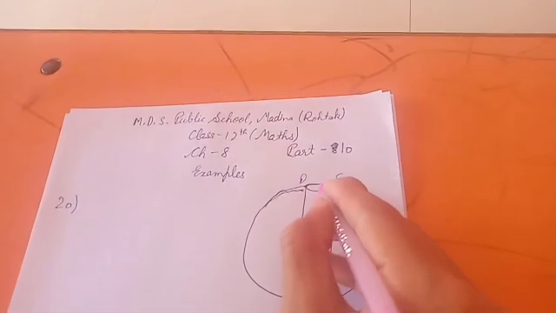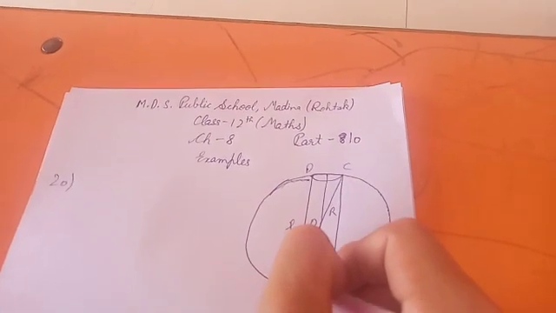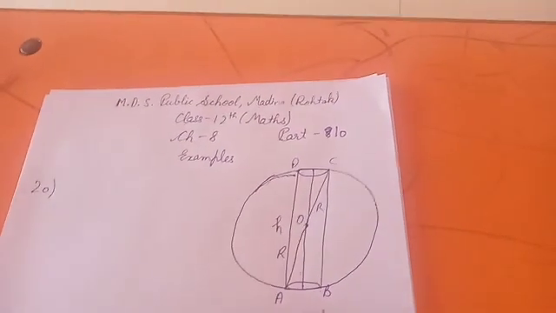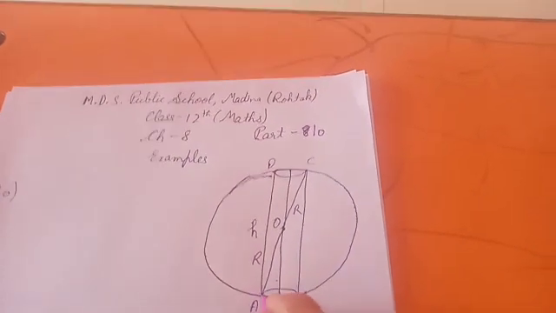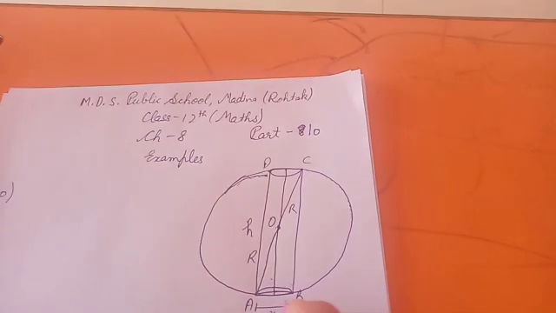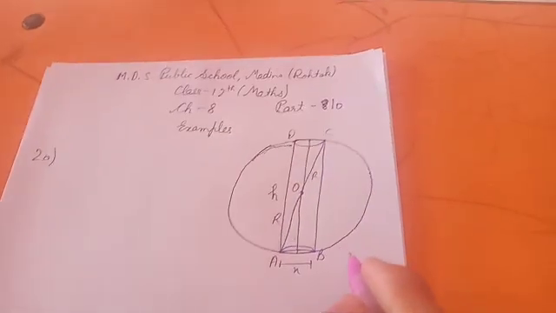Okay, h is the height, and the diameter of the base of the cylinder, means this whole length, is x units.